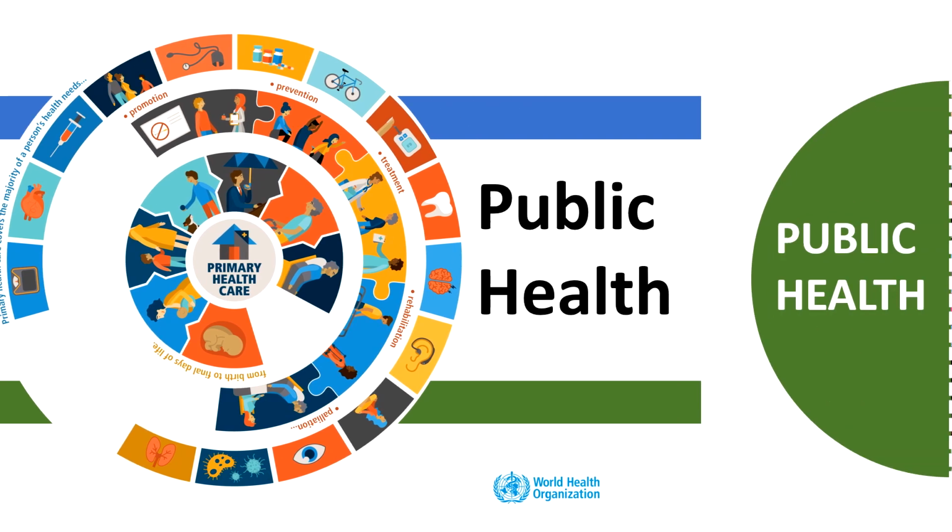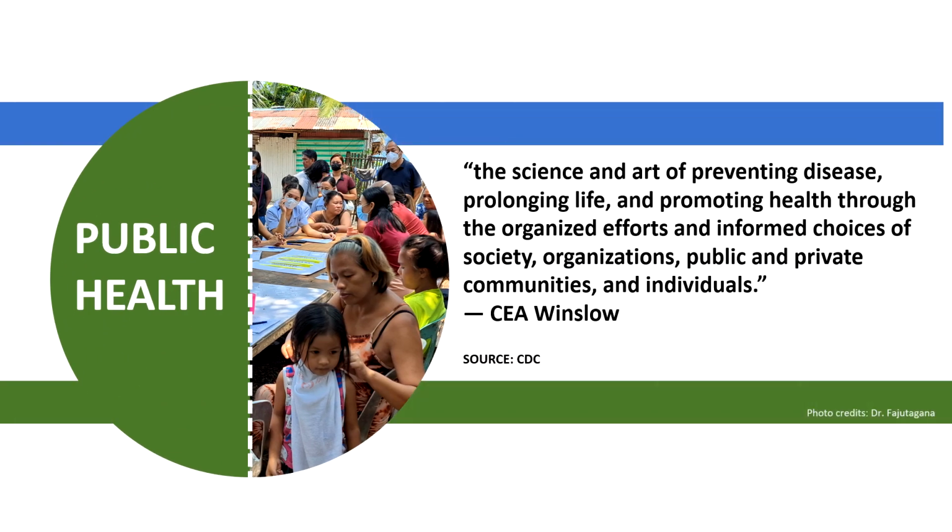Now, we all know that public health is the science and art of preventing disease. So therefore, if you want to develop health professionals that are into public health, they should be able to perform activities that would address public health issues.